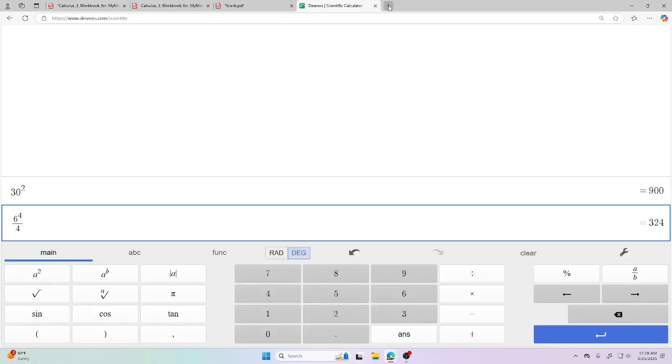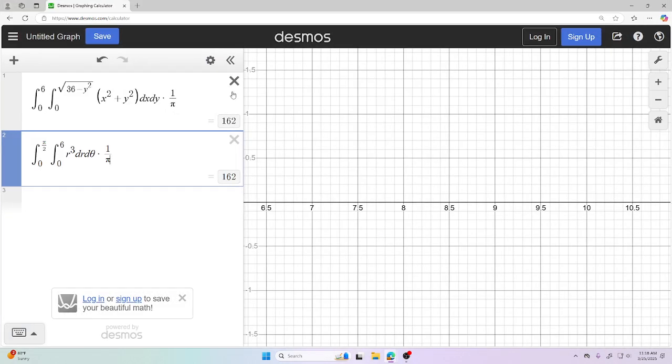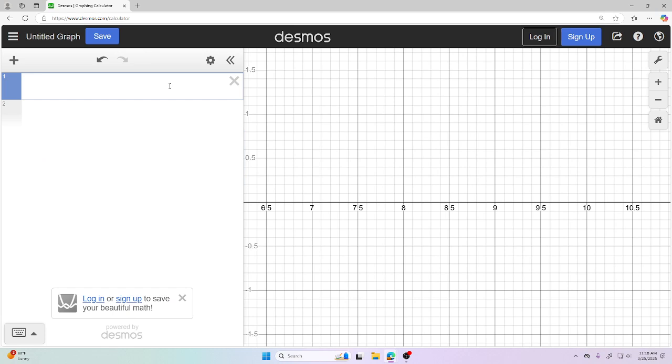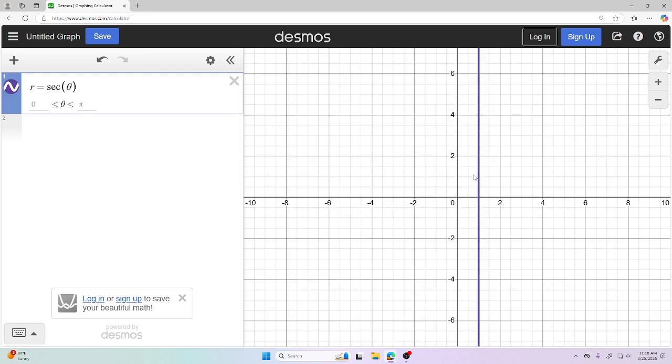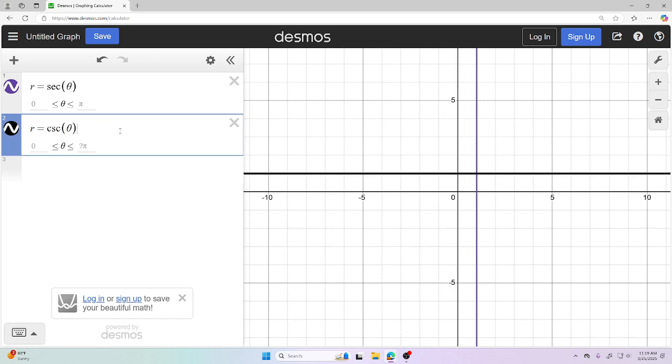Let's go to Desmos graphing right quick. I'm not trying to quiz you on whether you know your polar region. But if you did secant theta, see? Or if you did cosecant theta, see?